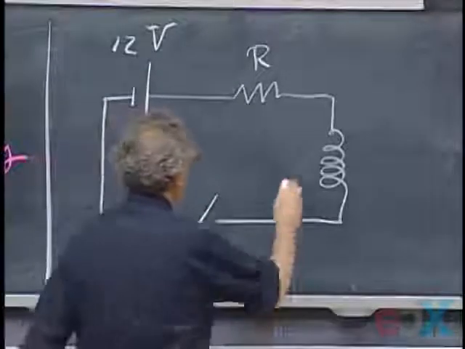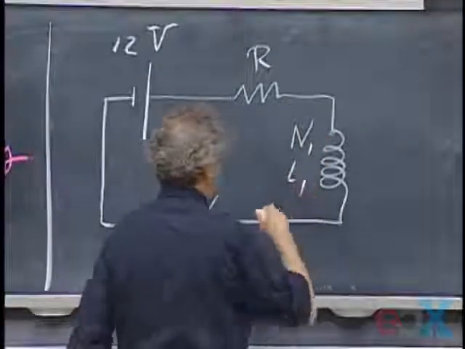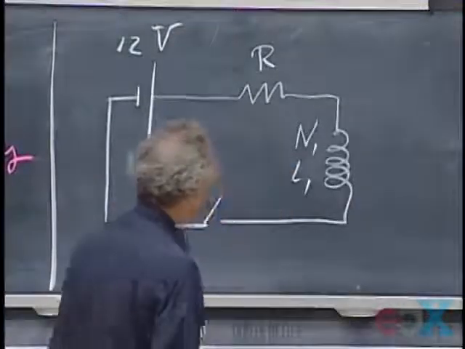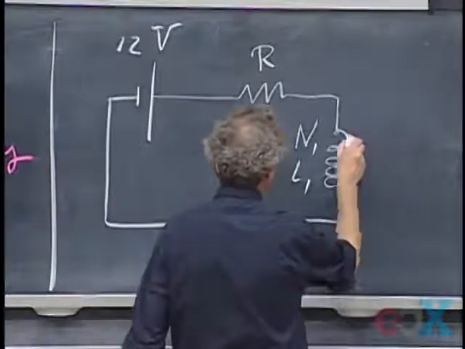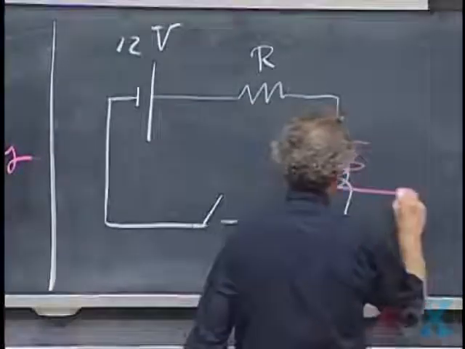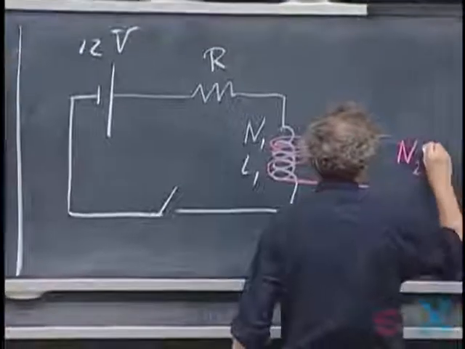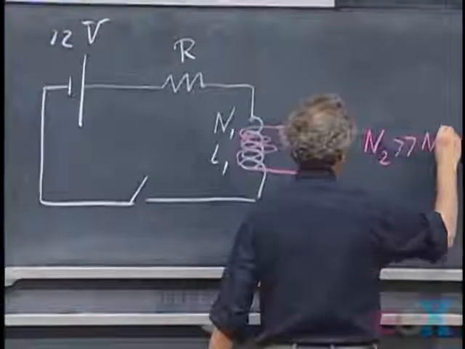And this has N1 windings, has a certain self-inductance, the same situation that we had before. And then I have here a secondary, where I have N2 windings, which is way, way larger than N1.